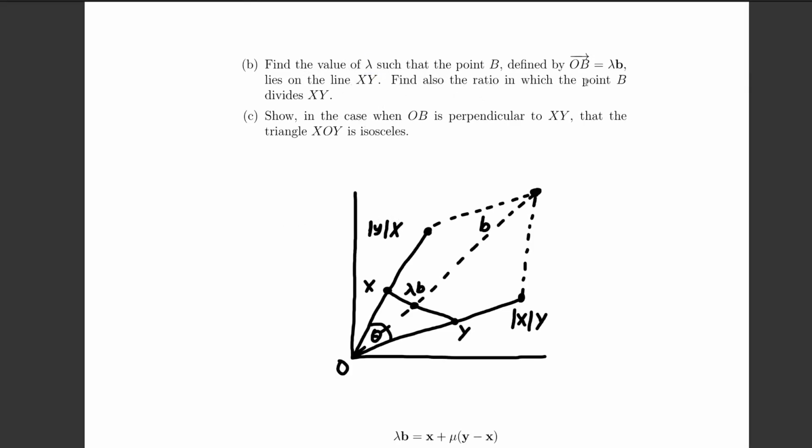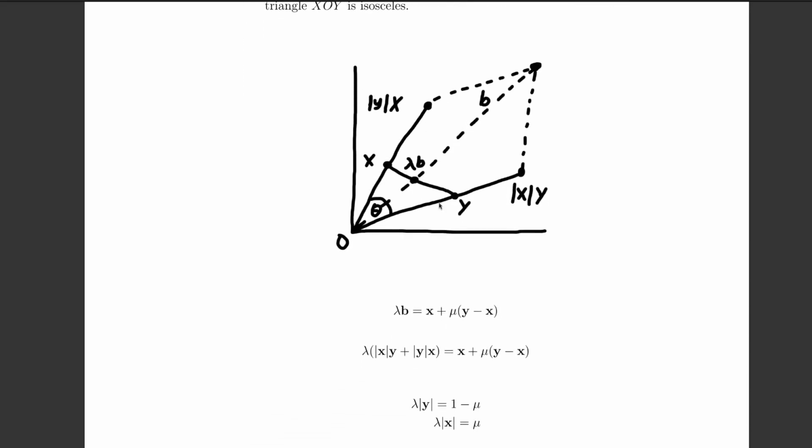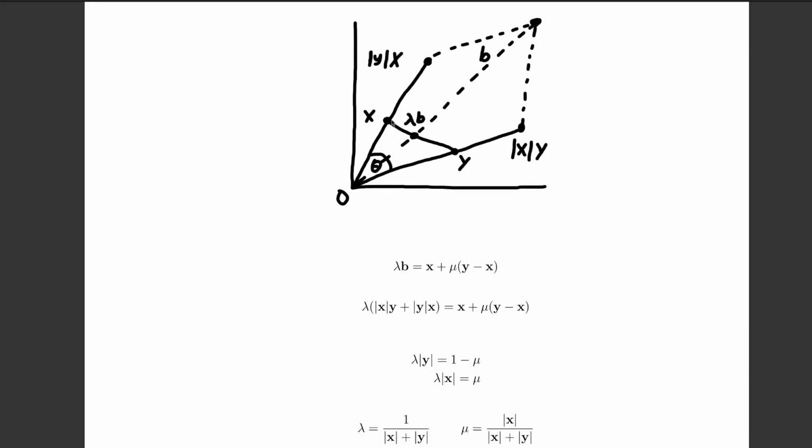And they also want the ratio in which point B divides xy. Well, we said that to get to B from x, you had to go mu amounts of xy, right? So you can think of it like this.